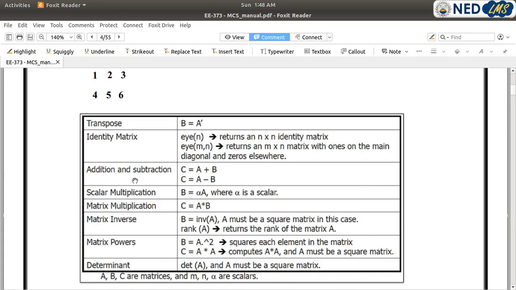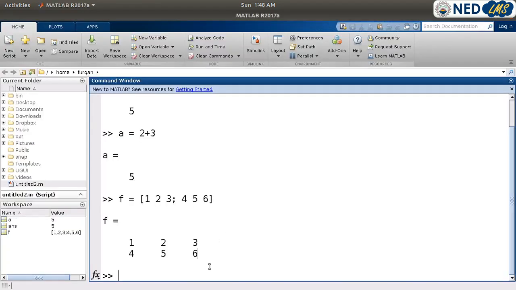Let me point out the most common mistake which most students make, which is the use of the wrong multiplication operator. The asterisk operator is used to represent matrix multiplication in the case of an array or matrix, and the dot asterisk operator represents elementwise multiplication in the case of an array or matrix.